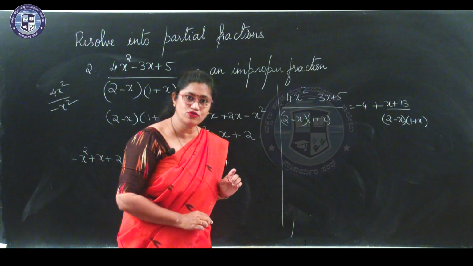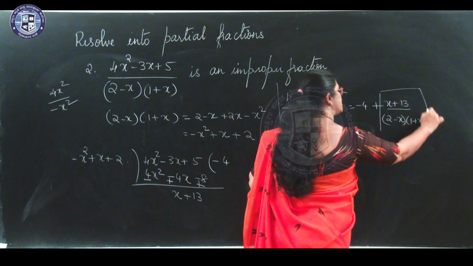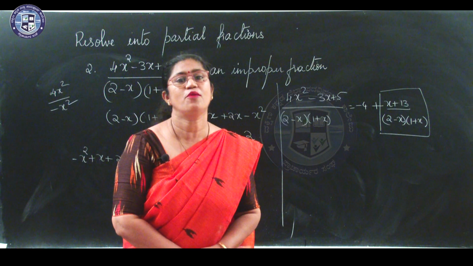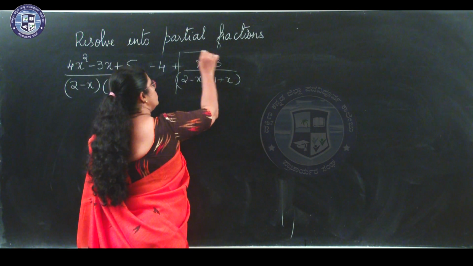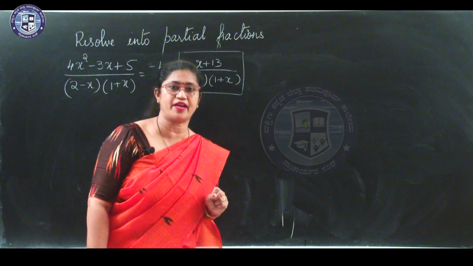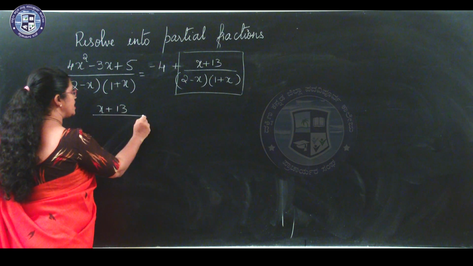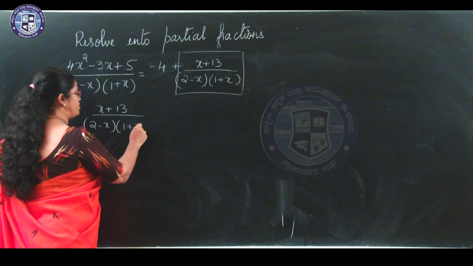Now, what we have to do? This is a proper fraction and you have to divide this proper fraction into partial fractions. Let us now divide this into partial fractions. So, write the fraction x plus 13 divided by 2 minus x and 1 plus x.